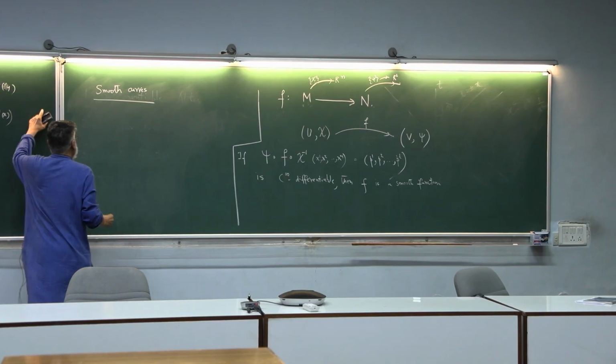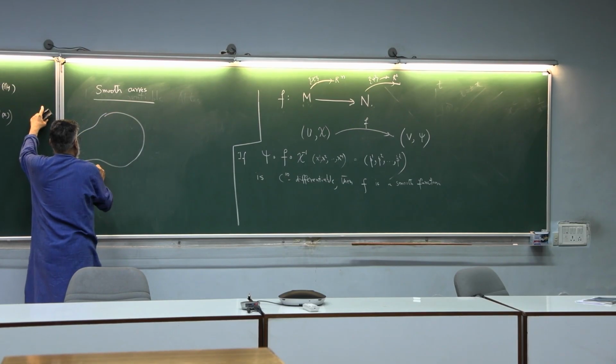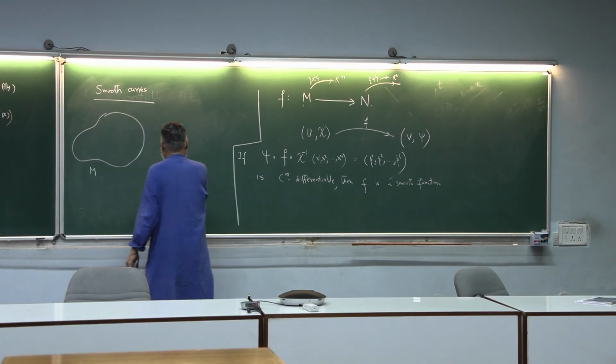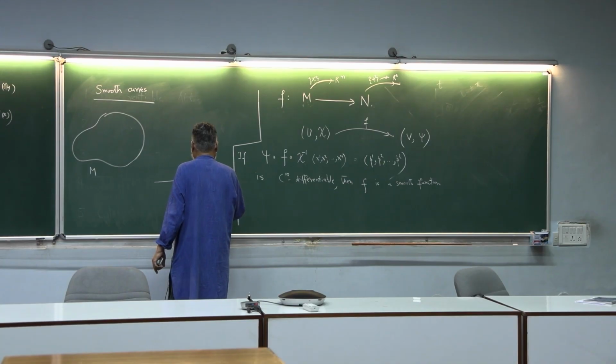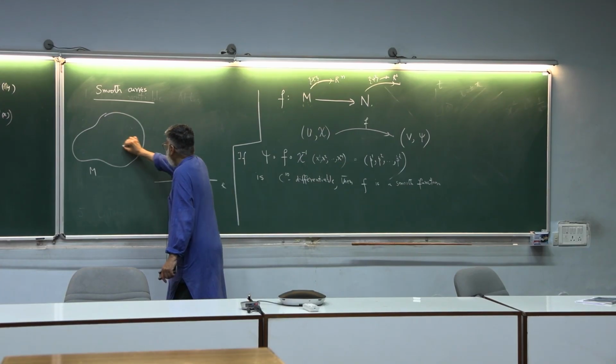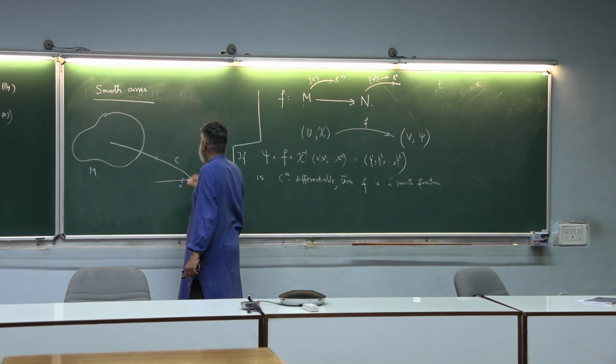So, as we briefly mentioned yesterday, you have a differentiable manifold M and you have the real line R, and you take the interval AB and a mapping from this interval, let us call this mapping C of lambda.